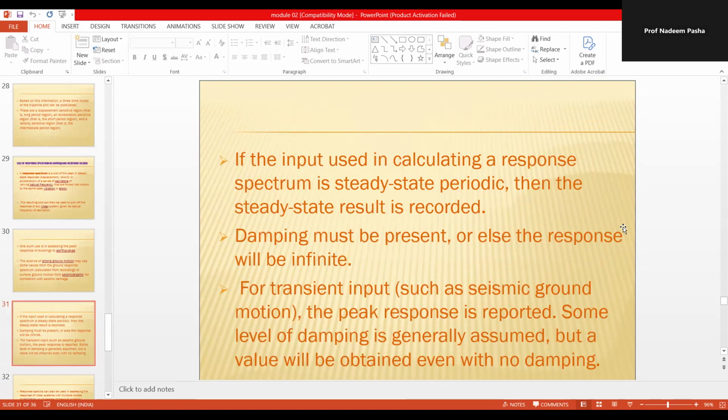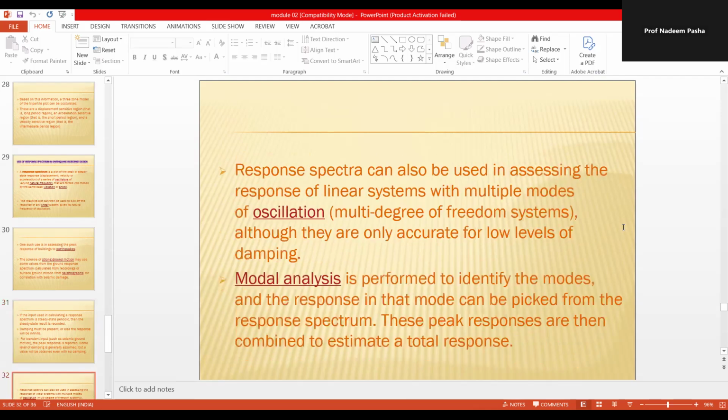Damping must be present or else the response will be infinite. For transient input such as seismic ground motion, some level of damping is generally assumed, but a value can be obtained even with no damping.